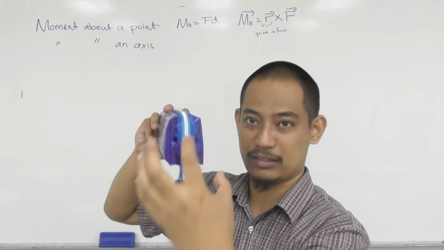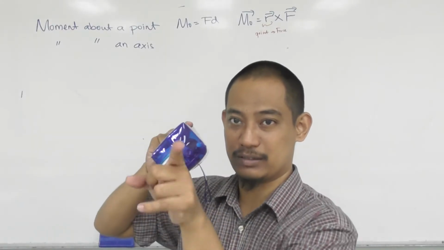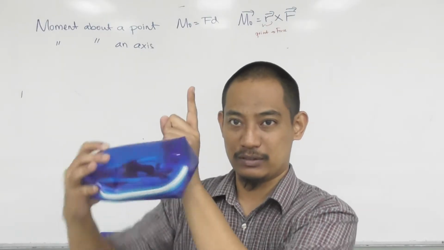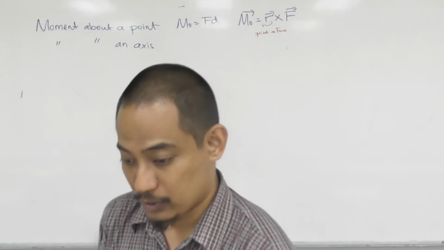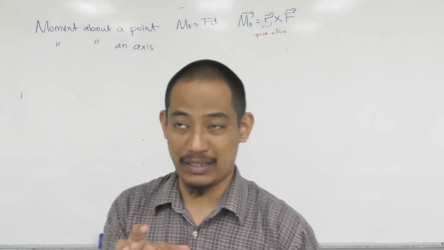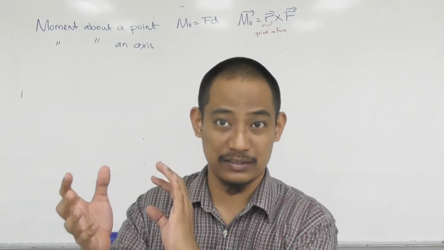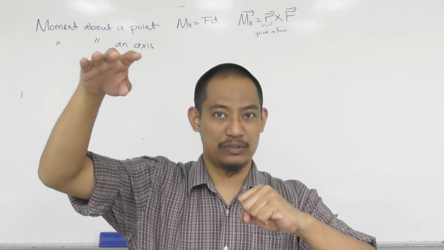If it's like a nut, this is the only axis. It can only rotate about this axis, not about this axis or this axis. So in certain applications, you only want rotation about a certain axis, because if you have a force about a point, the way it rotates is like an orbit.